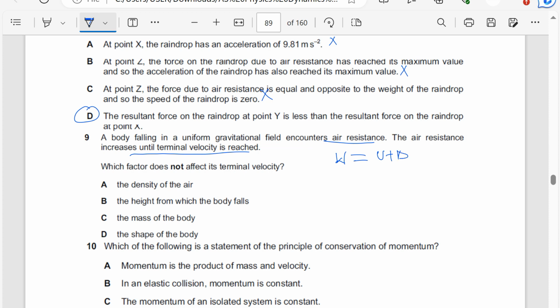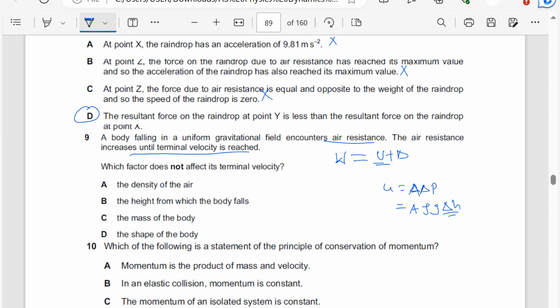Of course the up thrust will depend on the density of the air because up thrust is equal to cross-sectional area times difference in pressure. Up thrust is equal to cross-sectional area times density times g times difference in the height of the object, or height at the top and the bottom of the object.